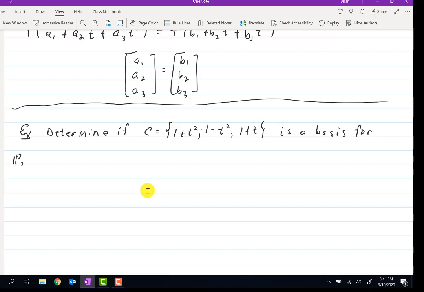Well, since I have this previous thing as an isomorphism, I'm going to instead think of these vectors as vectors in R3.